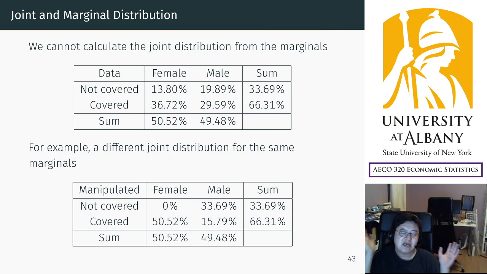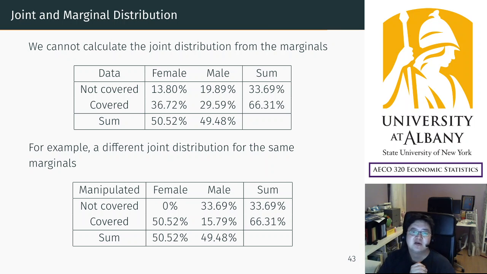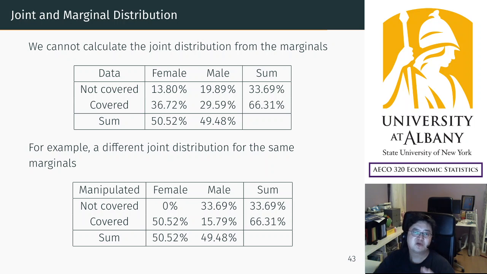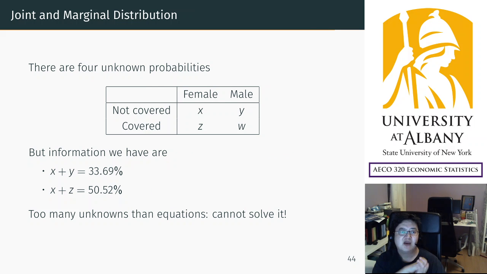So this is an example of why we cannot calculate the joint probability distribution, even if you know all the marginal distributions. Marginal distributions do not have some important information that the joint probability distribution has.